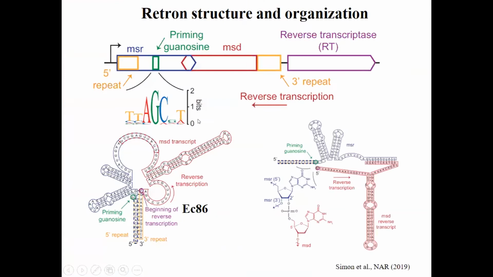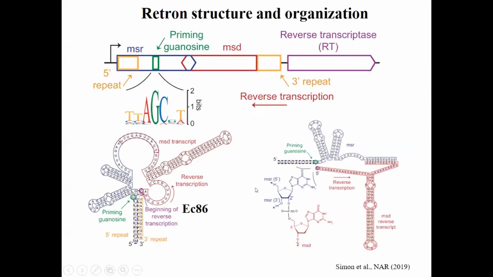Retrons, discovered at the end of the past 20th century, consist of a single transcriptional unit containing a promoter, an MSR, an MSD, and a reverse transcriptase gene. The MSR part contains a conserved priming guanosine residue and self-complementary parts that cause the MSR-MSD transcript to fold in a characteristic RNA structure.